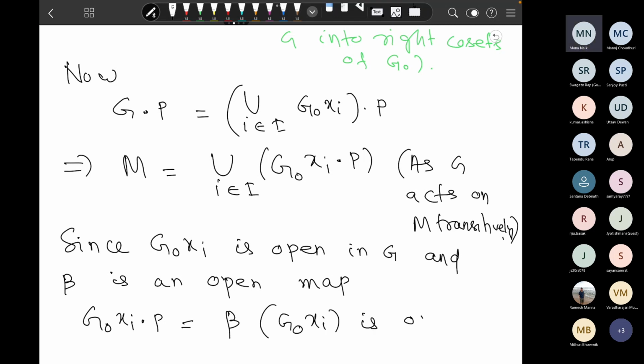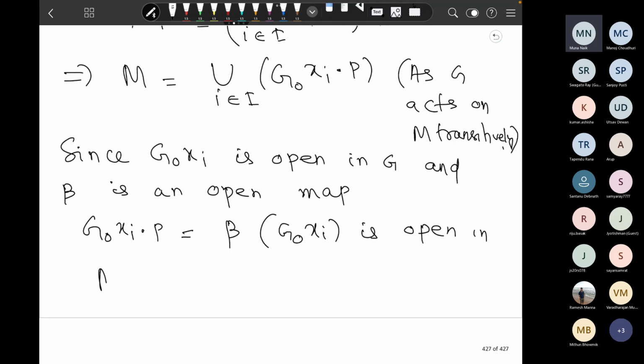This is open in M, and this happens for each i belongs to I. So each G naught xi dot p is open in M.